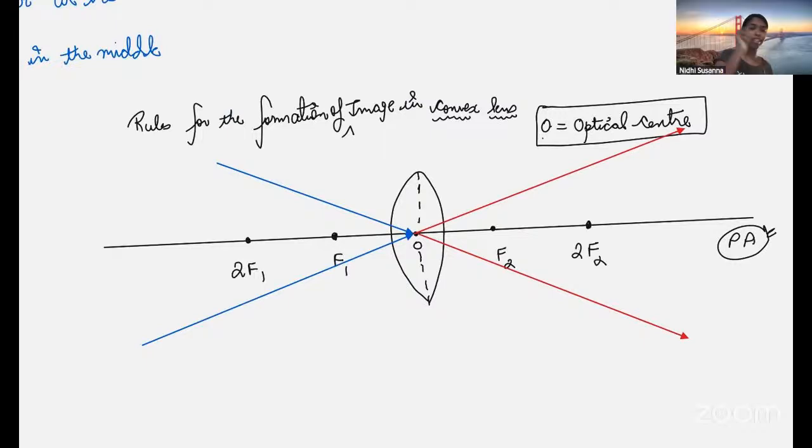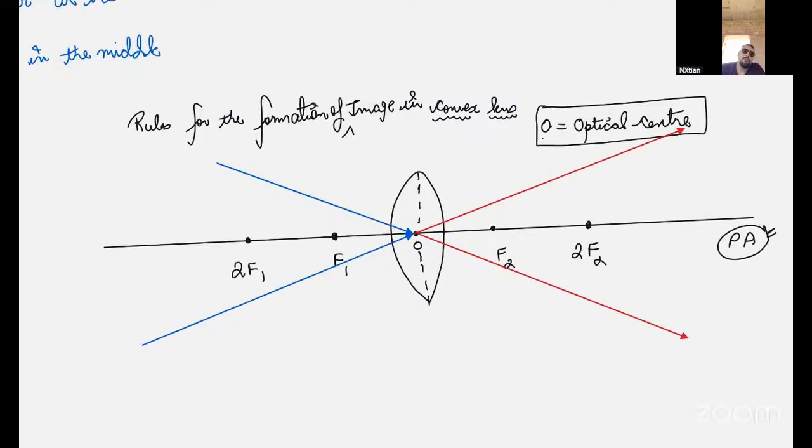If a line is passing through the optical center, then it will be undeviated, in brackets, it will go in a straight line.